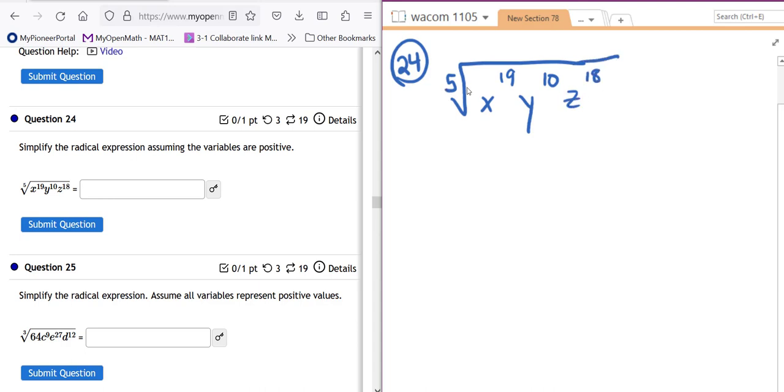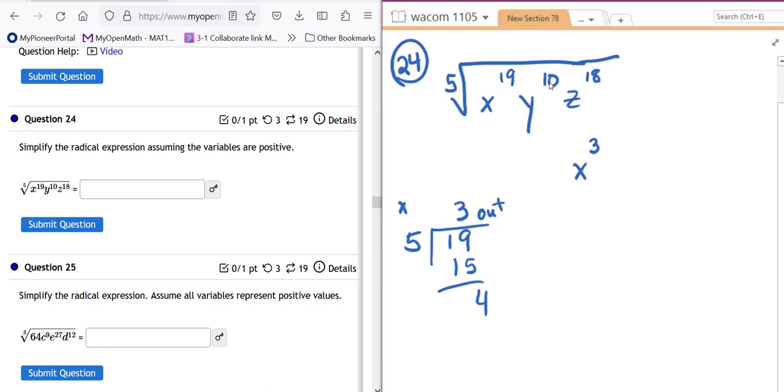All right, so 5 into 19 for the x's, we'll go 3 times. 3 5s are 15, and you've got 4 left over. All right, so these go outside, and this is the x's. So x to the third is going outside.